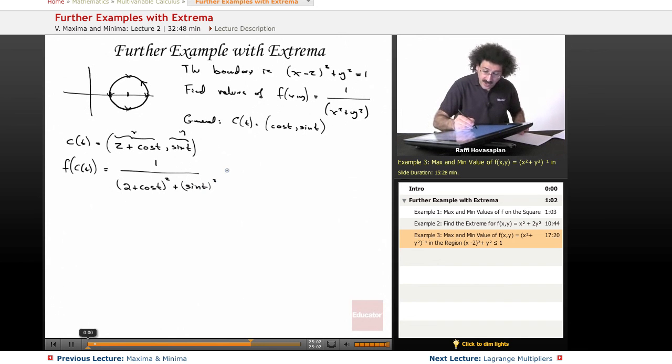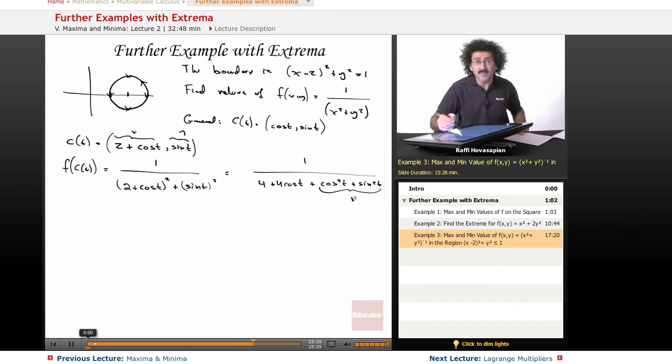Now we're going to multiply everything out. It's going to equal 1 over 2 times 2 is 4, 2 cosine t is plus 4 cosine t, plus cosine squared t plus sine squared t. That's the denominator. Well, cosine squared t plus sine squared t is the Pythagorean identity. That's equal to 1. So 4 plus 1.